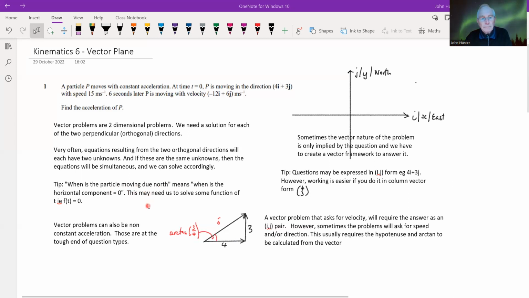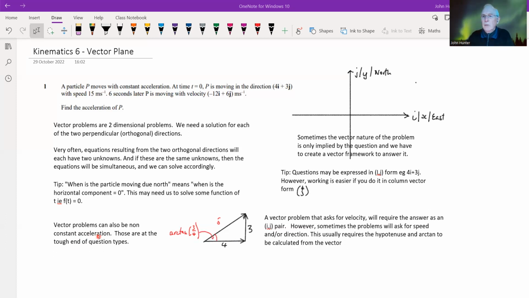The other thing to note is that these problems can also be non-constant acceleration. These are at the harder end of the kinematics. First of all, non-constant acceleration, and secondly, kinematics in the vector plane. Quite possible that the two of them get put together, and you get non-constant acceleration in the vector plane.